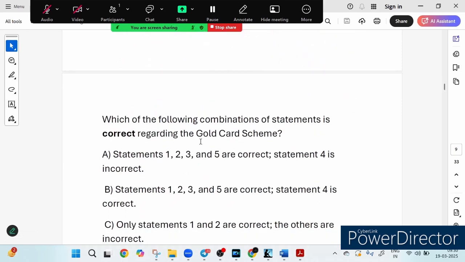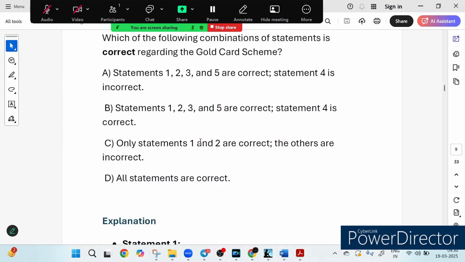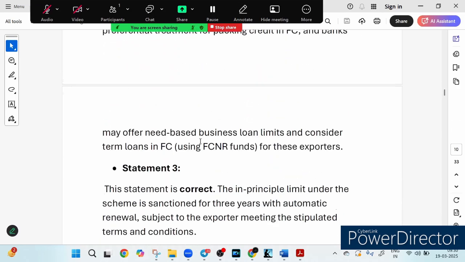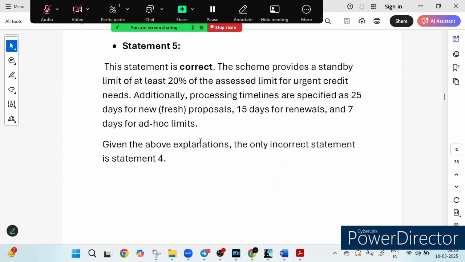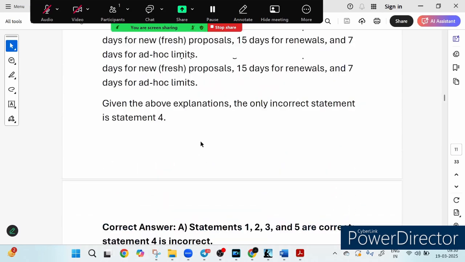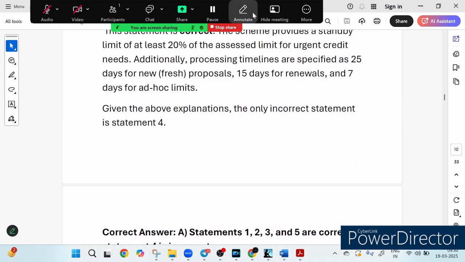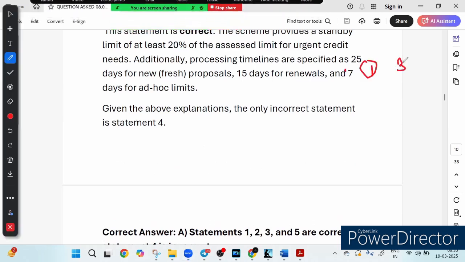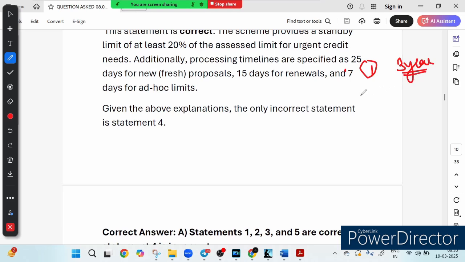So friends, let me summarize the facts regarding this gold card scheme. First, eligibility: the requirement is a 3-year track record of clean performance. Defaulters and loss makers are not allowed.